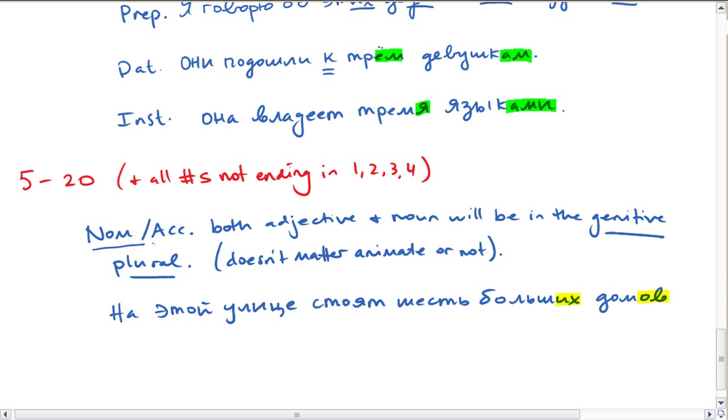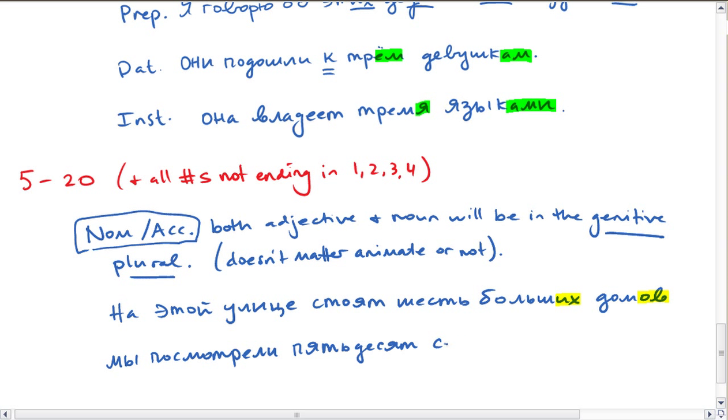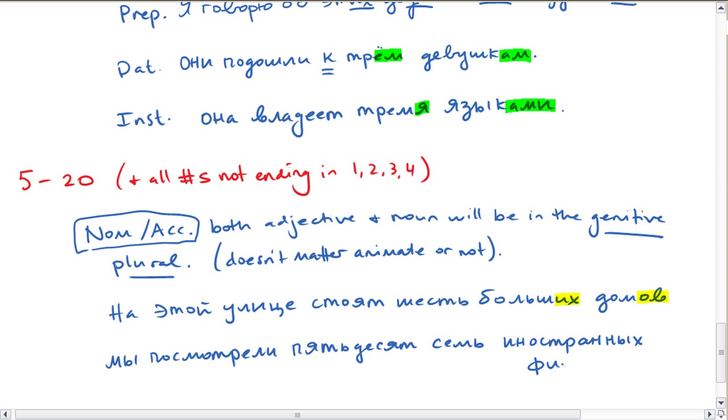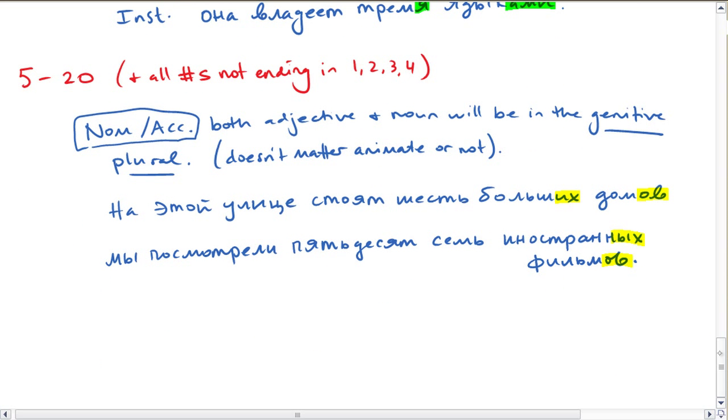And we're talking again about nominative and accusative. Мы посмотрели 57 иностранных фильмов, and again we've got genitive plural endings.